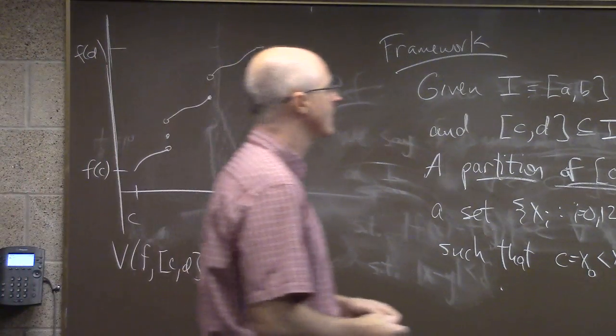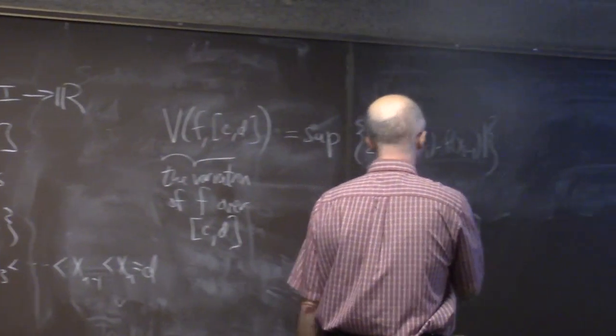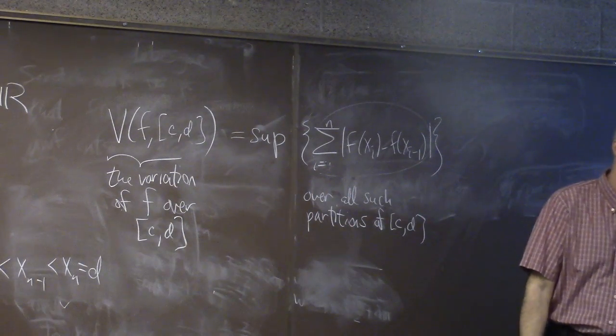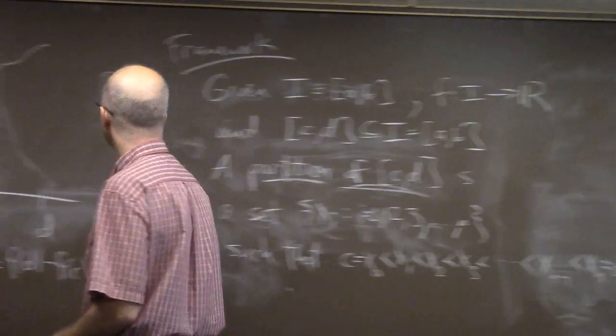because for any partition of that interval from c to d, when you do this kind of summation, you're going to get the exact same answer. That's what's going to happen with monotone functions like this.